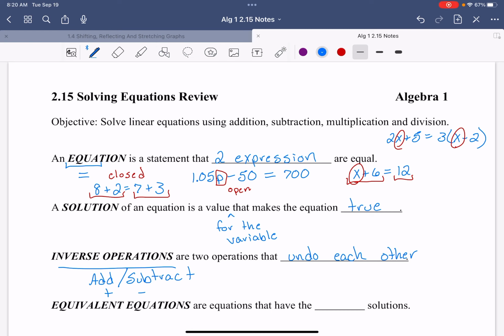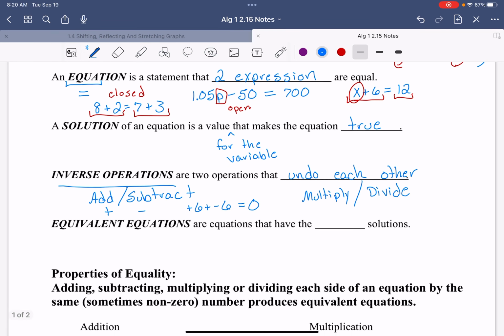For example, a positive 6 plus a negative 6 undo each other and give me 0. So we're going to be using it more that way, but the inverse of add is subtract. The inverse of subtract is add. The opposite of a positive is a negative. The opposite of a negative is a positive. And then the other one is our multiply divide relationship. Multiply and divide are also inverse operations.